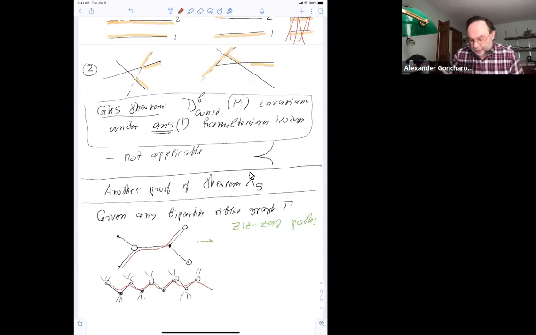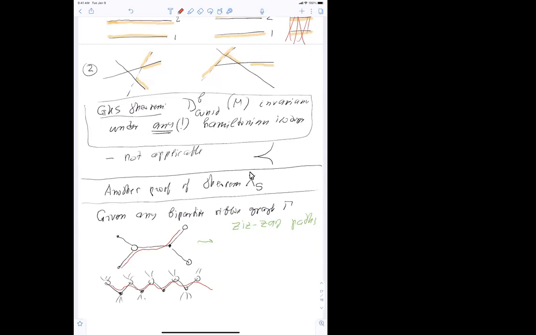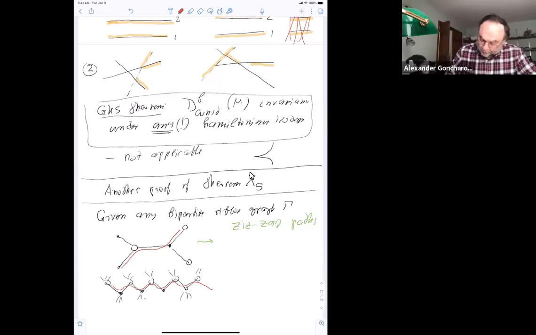Actually, you don't even need bipartite structure, because what you do is alternate your direction of move every time. So if you move left at this vertex, you have to move right here, and so on. Okay, is that clear? Yes, good. So the next point is that these zigzag paths are oriented if you have a bipartite graph.